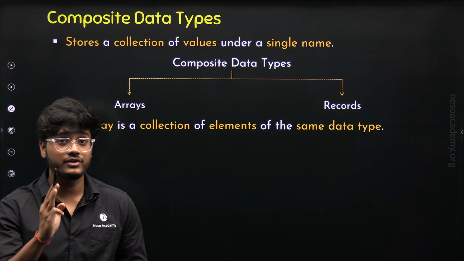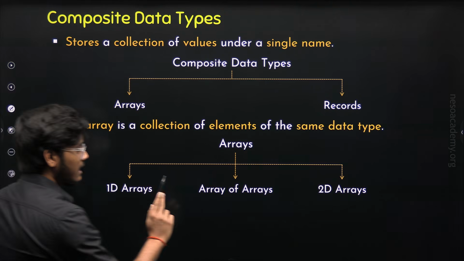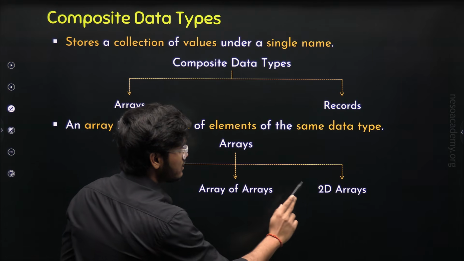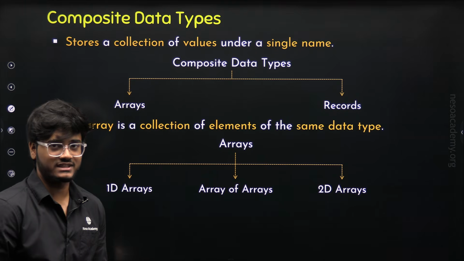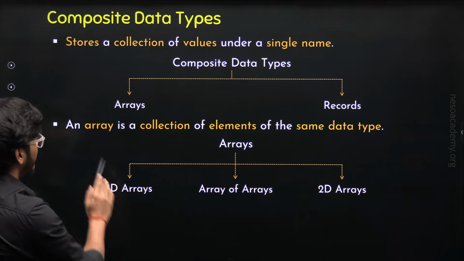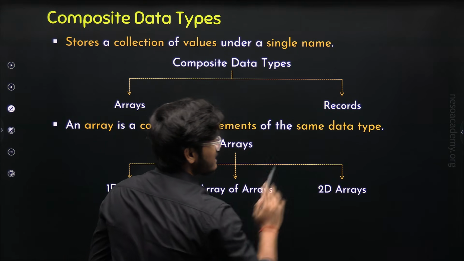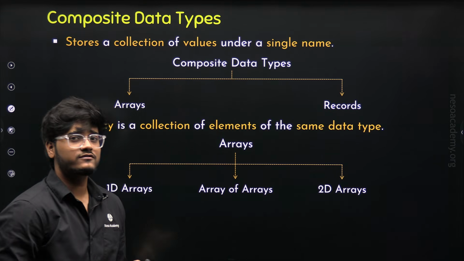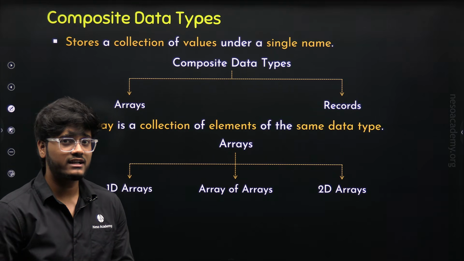And there are three main arrays. 1D arrays, array of arrays, and 2D arrays. We will understand them in some time. So overall, an array is a collection of elements of the same data type. Now what if I want to store different types of data under a single name?